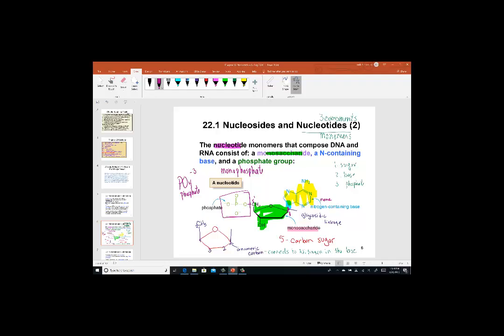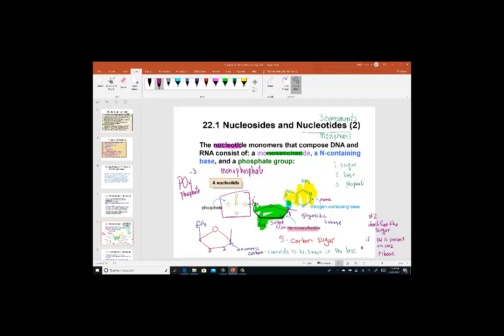We know that the second component here is the sugar, and the sugar is always a 5-carbon sugar. Carbon number 2 in this particular sugar will identify the sugar. If there was an OH present on carbon number 2, then the name of the sugar is ribose.